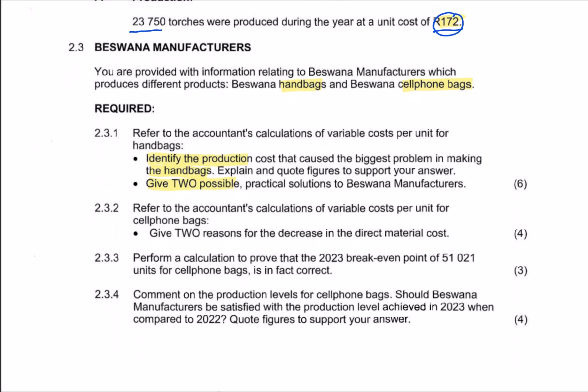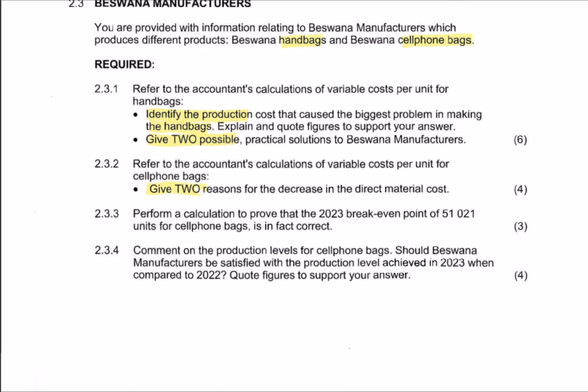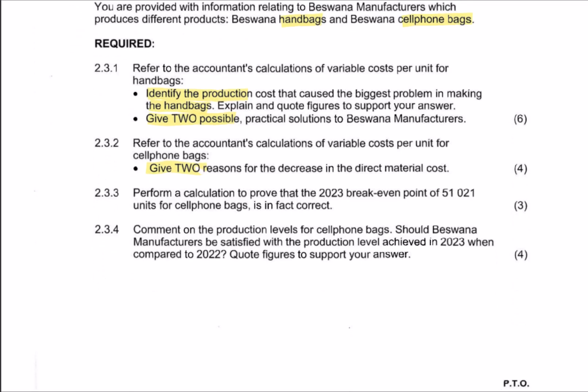Then refer to the accountant's calculation of variable cost per unit for cell phone bags. So the first one is for handbags. Then the second one you're saying give 2 reasons for the decrease in the direct material cost. Right. So you're referring to the calculation. Then perform a calculation to prove that the 2023 break-even point of 51,021 units for cell phone bags, right, is correct.